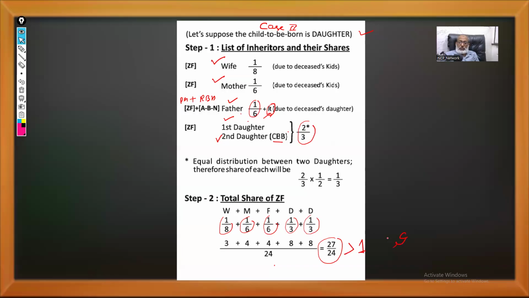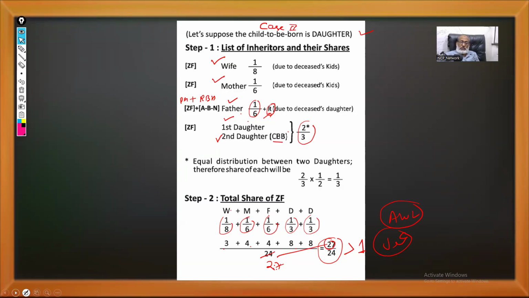It's a case of AWL. How to execute this? According to Hazrat Umar radiallahu ta'ala anhu, we replace the LCM with the numerator 27. So the share of the wife will be 3/27, mother and father will be 4/27, and each daughter will be 8/27.